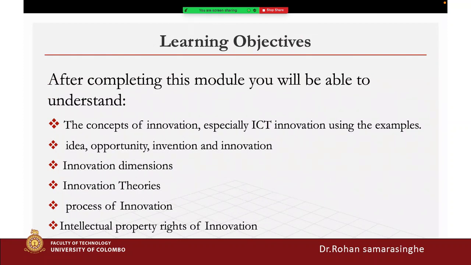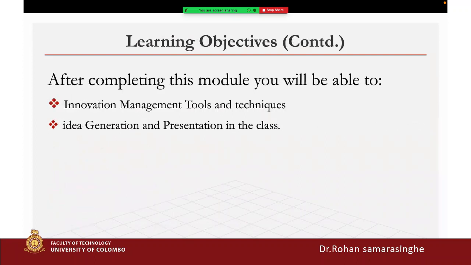These theories of innovation dimension, innovation theories and process, you will have to have a good understanding of these, and ICT innovation theory and practices. And also we expect that you will understand innovation management tools and techniques, and idea generation and presentation in the class. That's why from the second class you will be given the assignment.